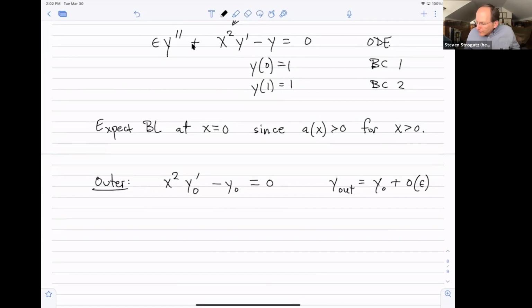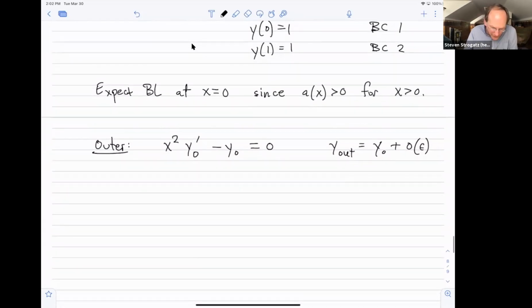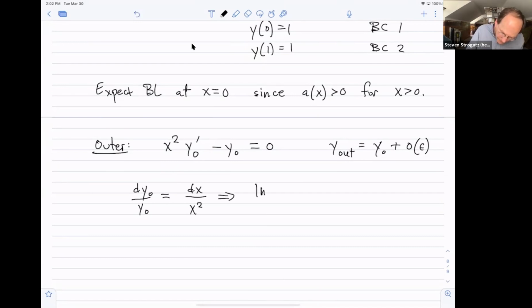And so I can solve this little differential equation by separation of variables. I'm going to get dy0 over y0 equals dx over x squared. And so integrating both sides, you get natural log of y0 is -1 over x plus a constant.